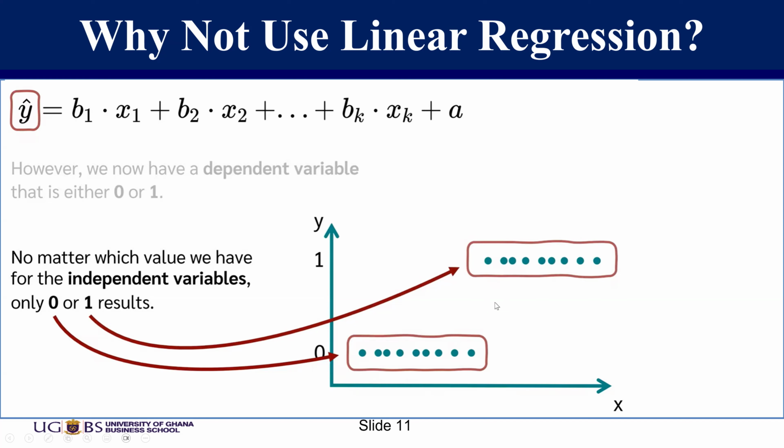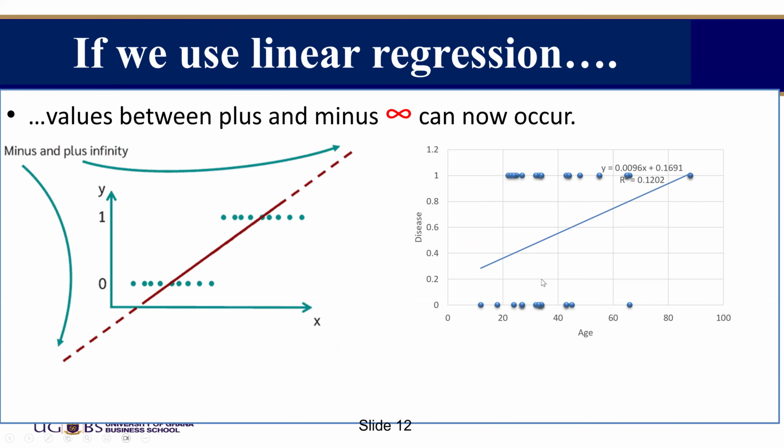And OLS regression doesn't require the dependent variable to be only between two numbers. So we decide to use regression to see the result. And you can see that if you use regression, the values are going to be between negative infinity and positive infinity.